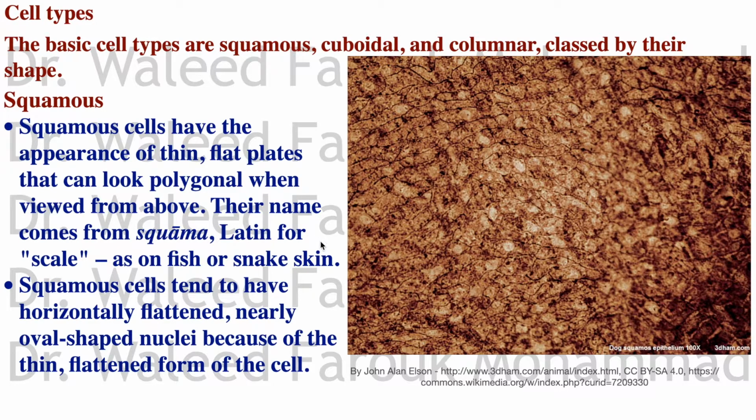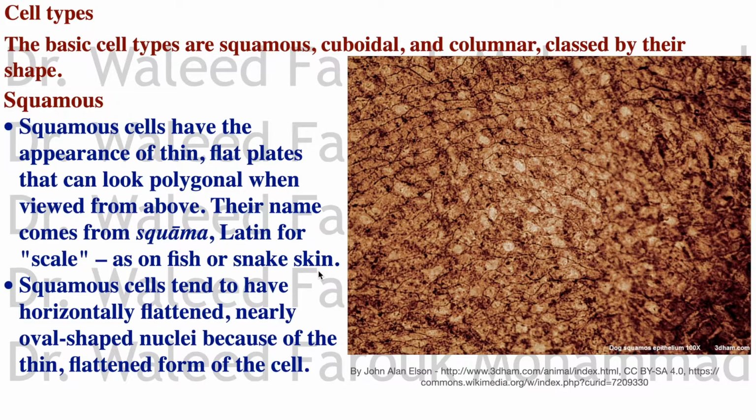If we study the cell types of the epithelium, as mentioned before, they vary between squamous, cuboidal, and columnar if classified by their shape. The squamous epithelium acquired their name from the squama, Latin for scale or scales of the fish or snake.